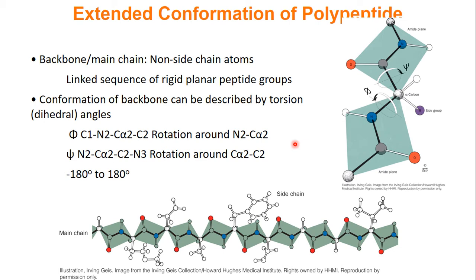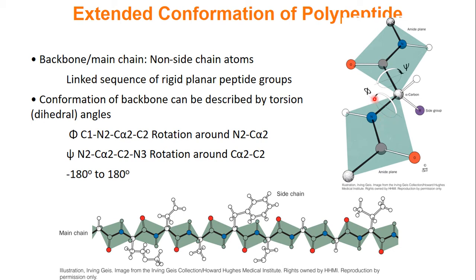A dihedral angle is an angle made up of 4 points. When you talk about protein secondary structure, we talk about the phi angle and the psi angle. The phi angle is between the carbonyl carbon of amino acid 1, nitrogen of amino acid 2, carbon alpha of amino acid 2, and carbonyl carbon of amino acid 2.